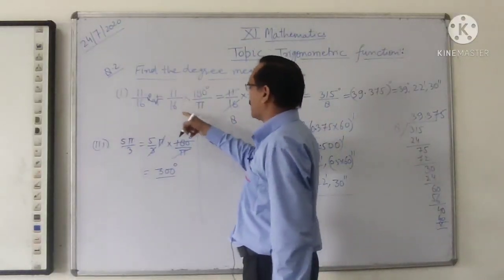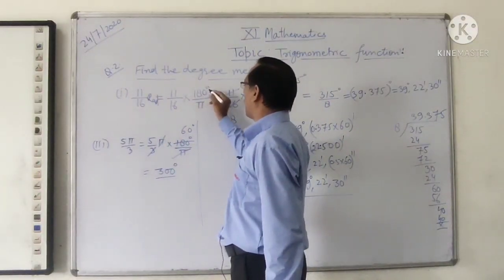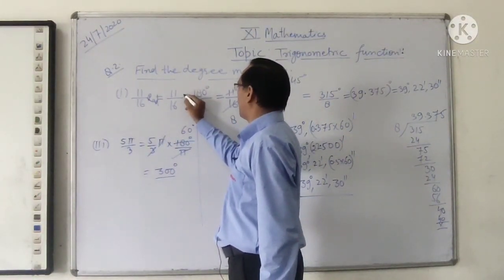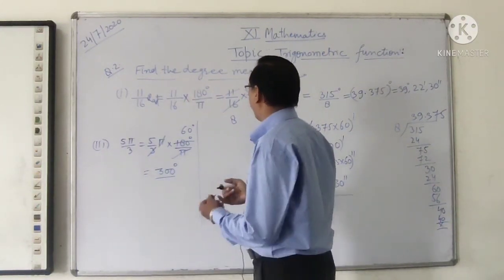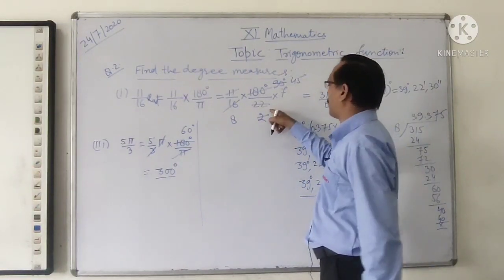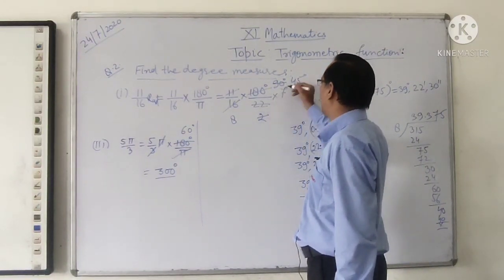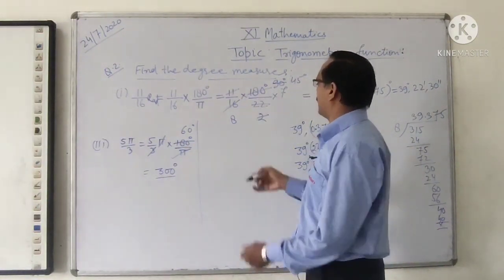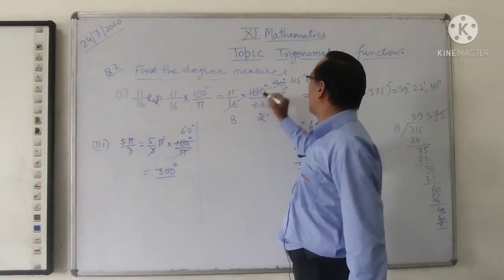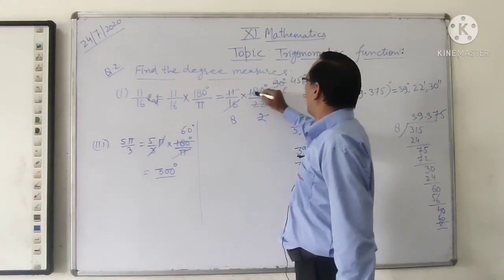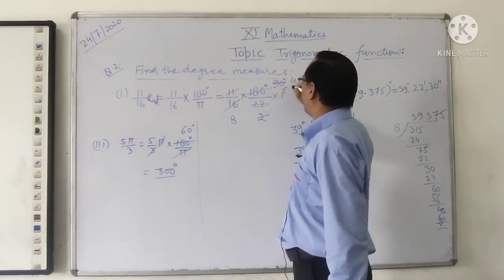So 11 upon 16 into 180 degree upon pi, because 1 radian equals 180 degree upon pi. The value of pi is 22 upon 7, so it is 22 into 7. And we will simplify it. 2 6 is 18 and 2 9 is 18. So it is 90 degree.